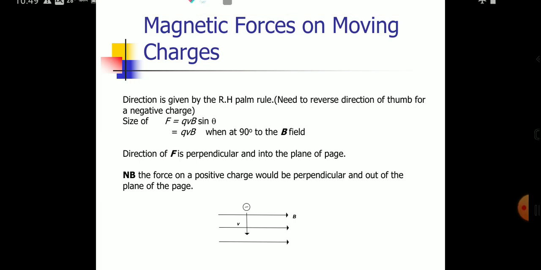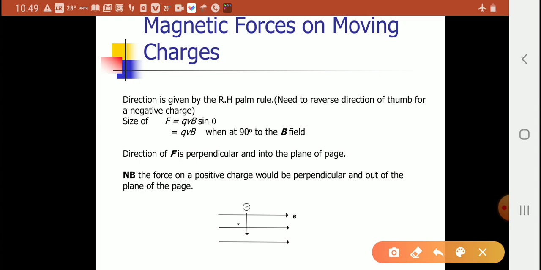So the direction is given by the right-hand palm rule. We need to reverse the direction of the thumb for negative charges. Since F equal to QVB sin theta, with V at 90 degrees to B, this is the magnetic field.